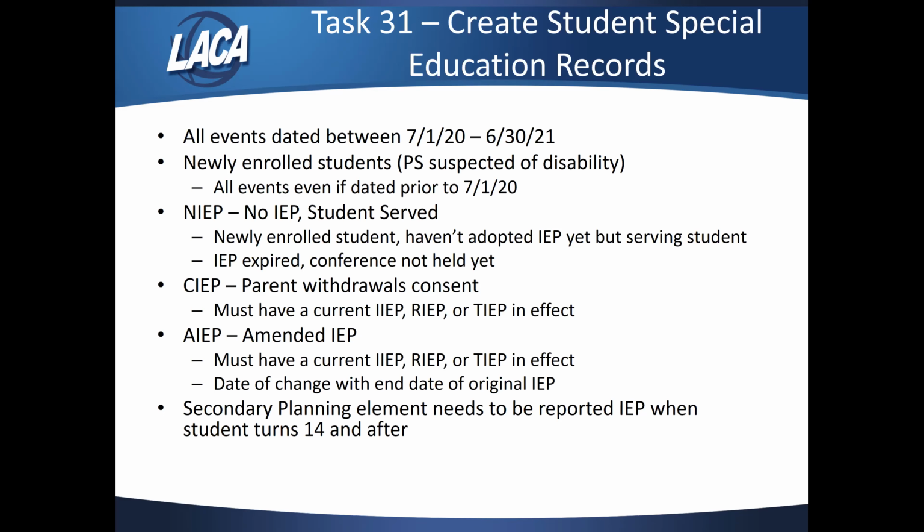Student information window closes a lot sooner this year. The student information window closes in July. I want to say the 14th, but don't hold me to that date. I believe it's the 17th. Annie said the 17th. So I knew it was right around there in July.